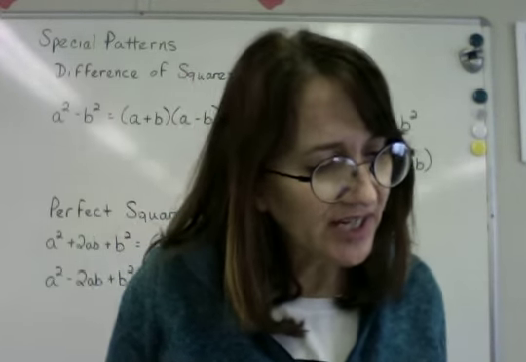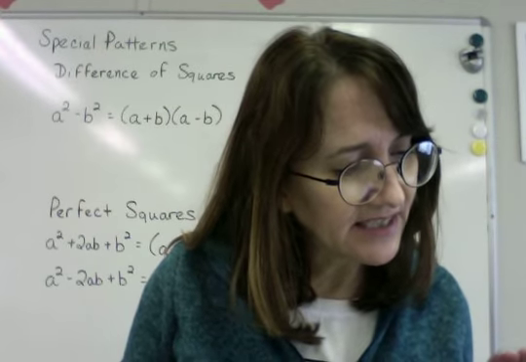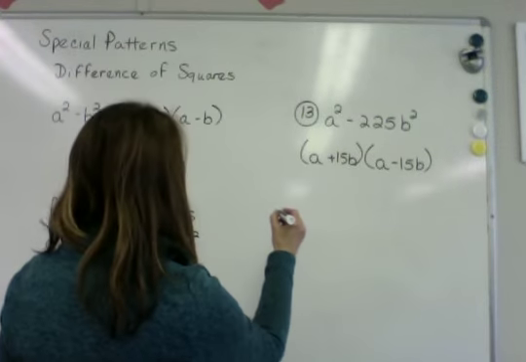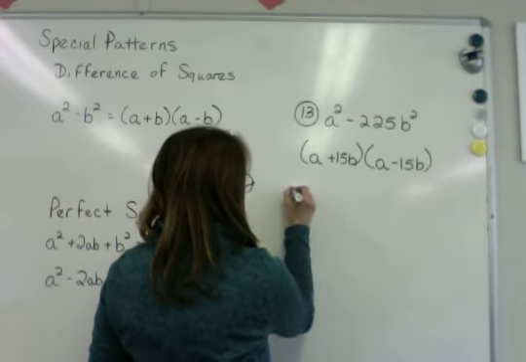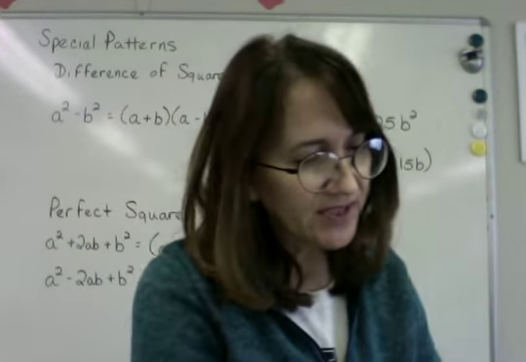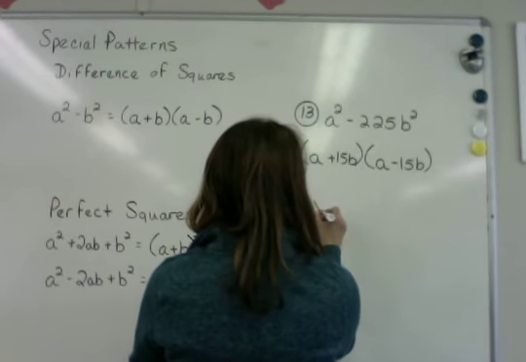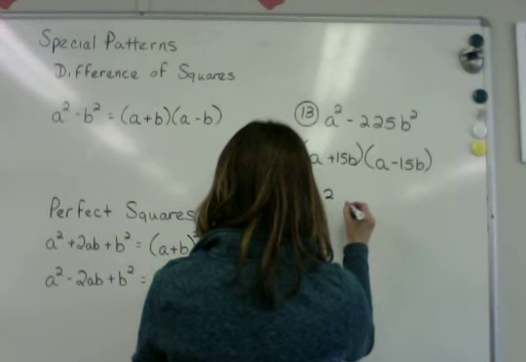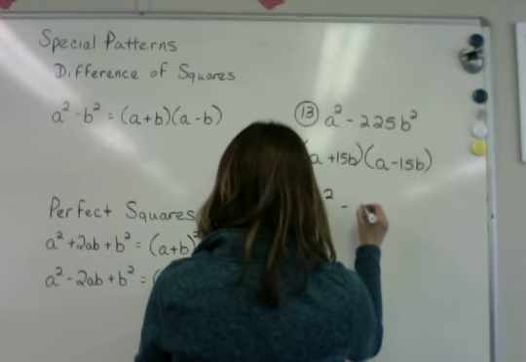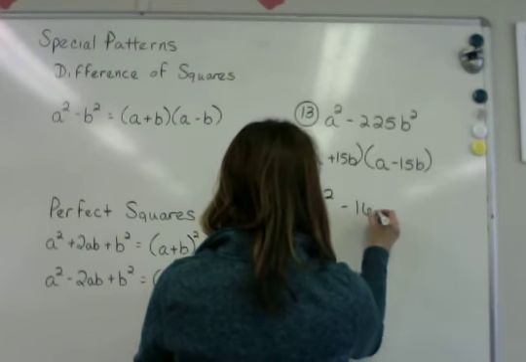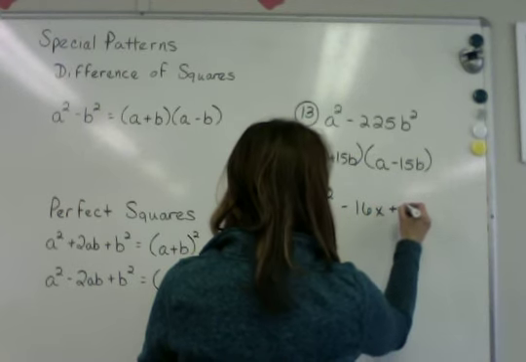Now I want to bring you down to 17. Let's look at 17. So 17 is x squared minus 16x plus 64.